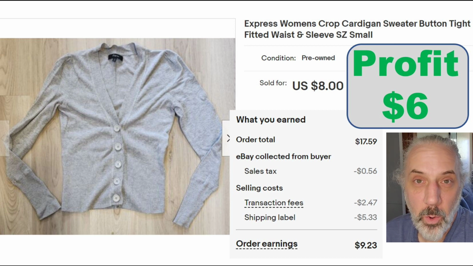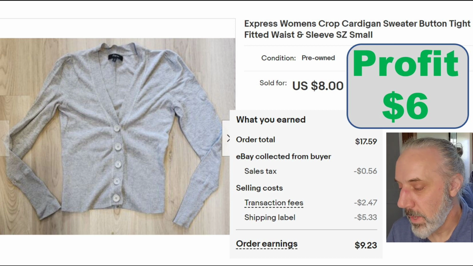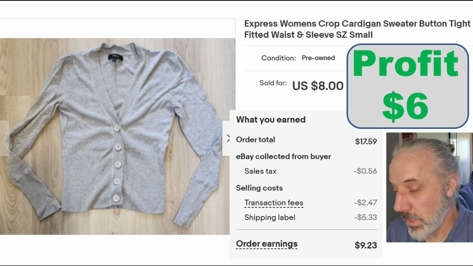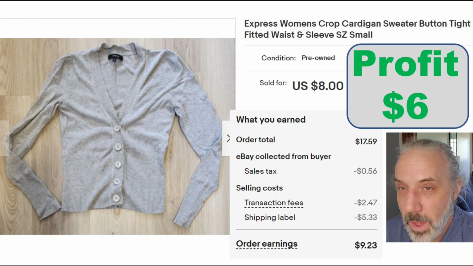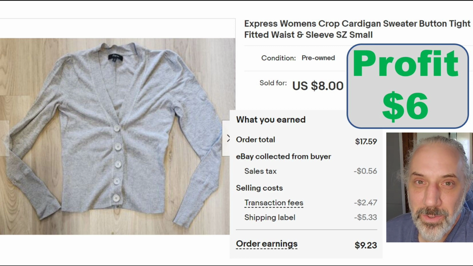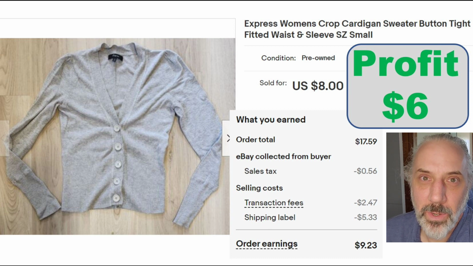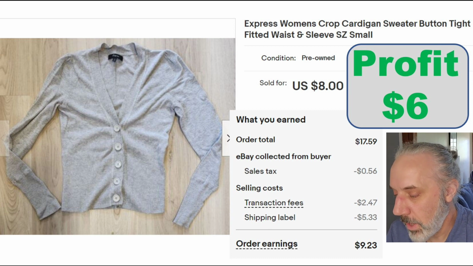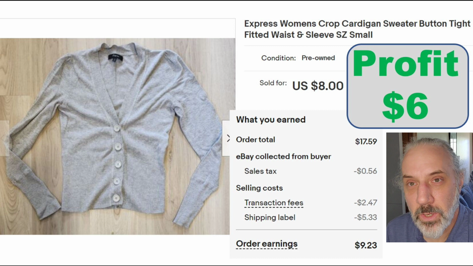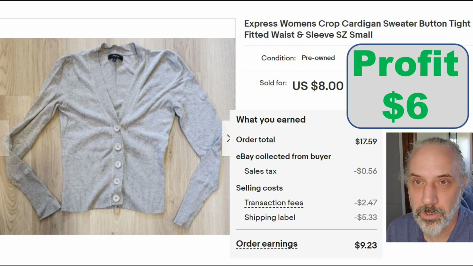So I priced them low just to see if I could move them and make a little bit of money off of them, which I did. I have a lot more in my inventory of these items, and a lot more that I haven't listed yet as well. This buyer is all in for $17.59. eBay paid me $9.23, and my profit was $6.